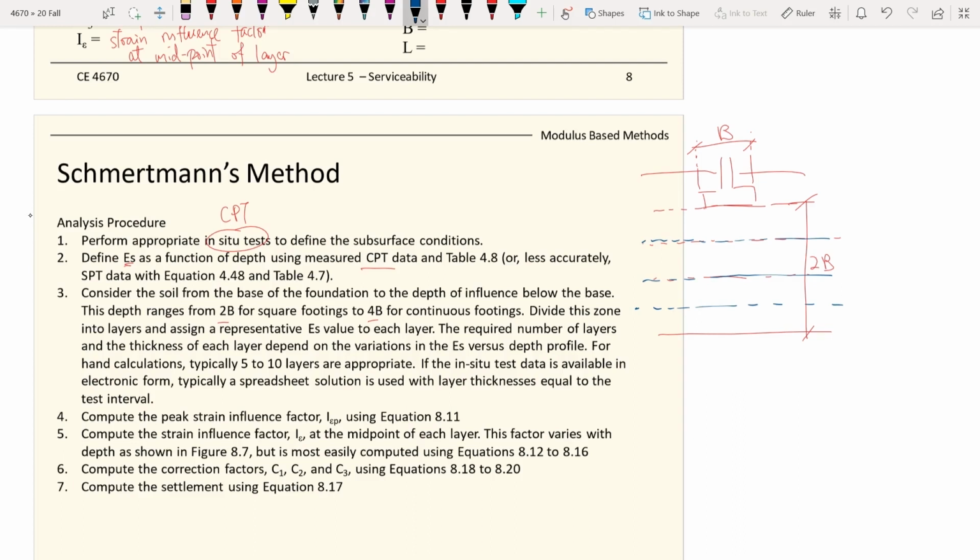You need to have the CPT measurements that represent the layers, and then you need to find out the modulus that represents each layer, and the influence factors, right? Influence factor values that you also need to come up with too.